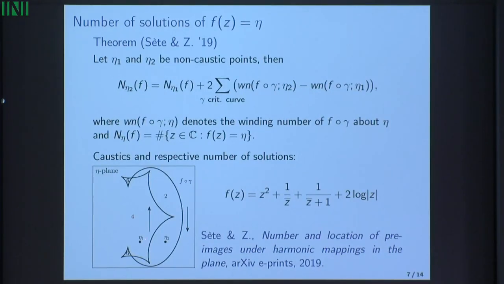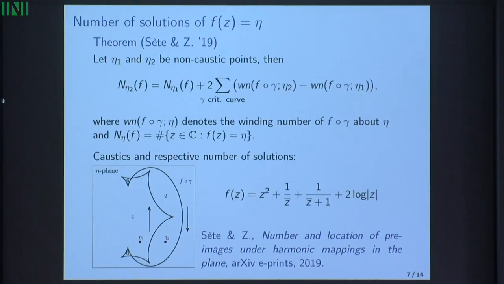And so we can now check our theorem. We start with eta 1. It has 4 solutions. The winding number of the caustic about this point is 0. The winding number about this point is -1. So we get 4 plus 2 times -1 solutions, so 4 solutions. And if I move my eta 2 into the region with a 6, then the winding number changes, so we go this way, then we have winding number +1, and we get 4 plus 2 times 1 solutions, so 6 solutions.